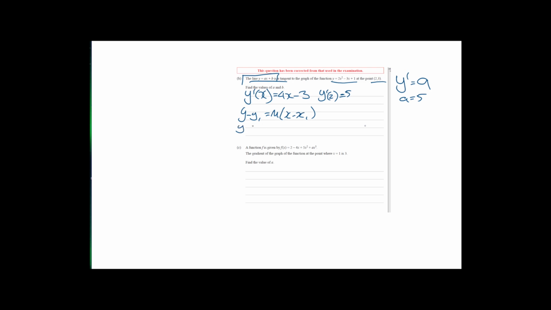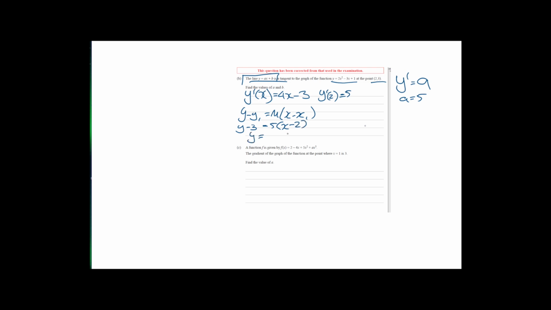So y minus y1, I guess, would be minus 3 equals 5x minus 2.